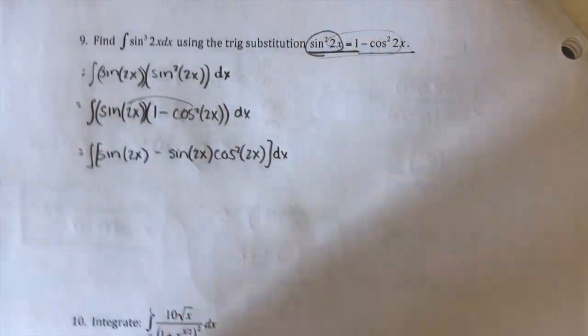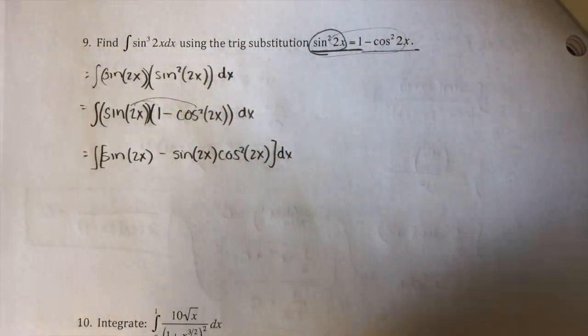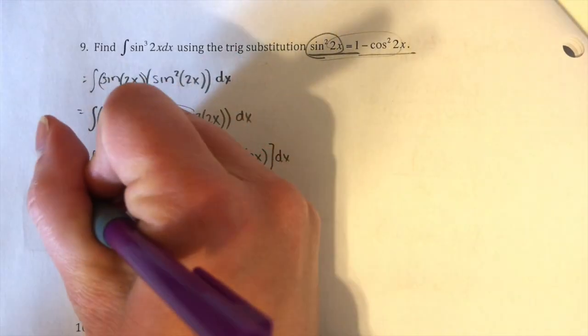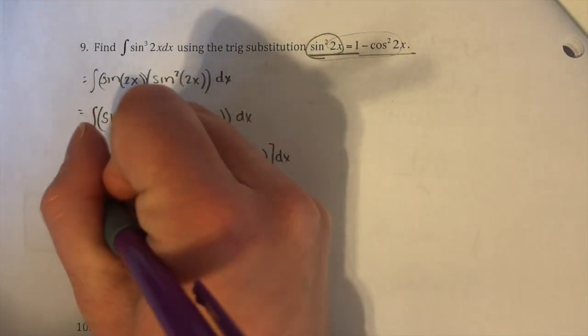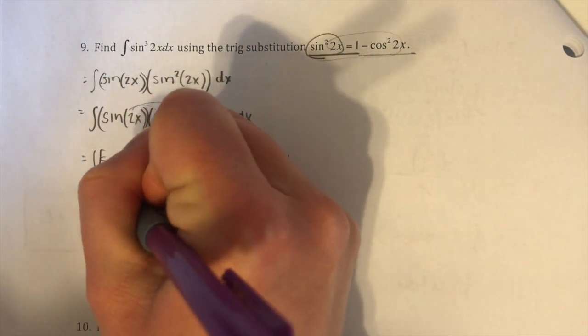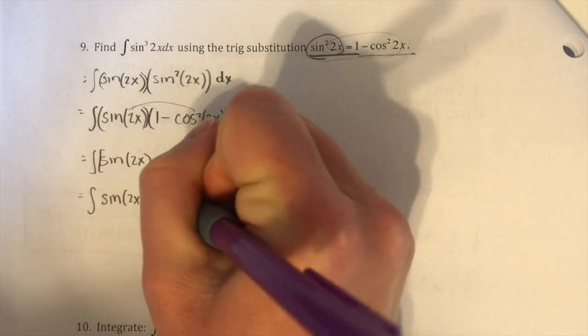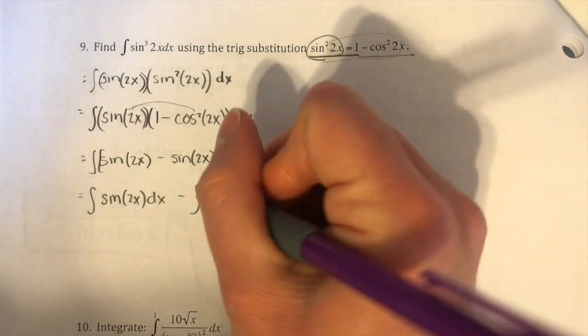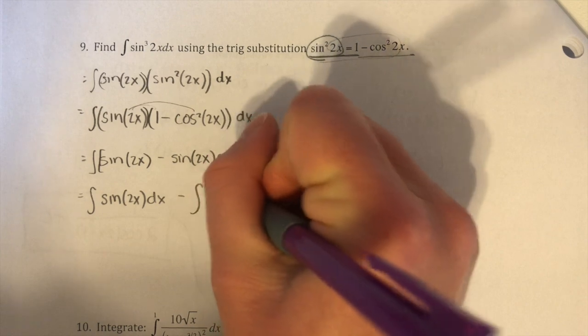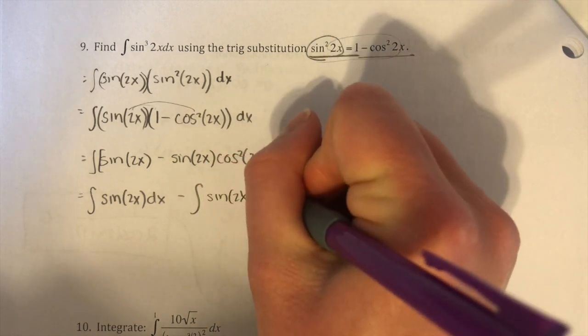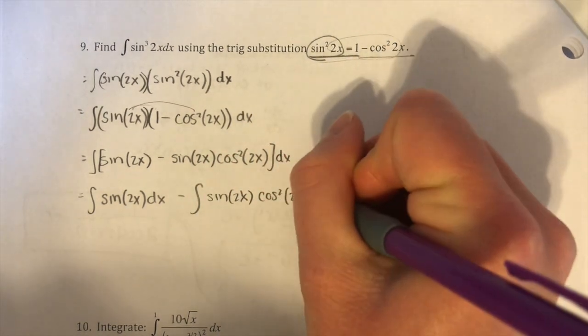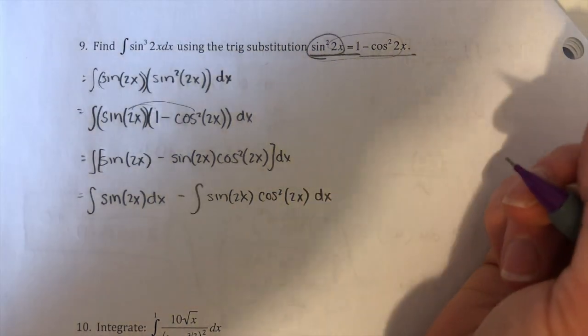Okay, and then this can be just split into two separate integrals. So this is the integral of sine 2x dx, and then minus the integral of sine 2x cos squared 2x dx.